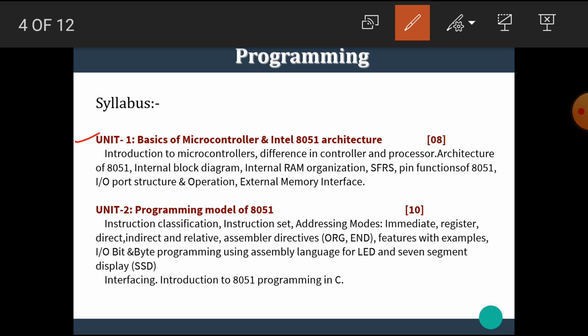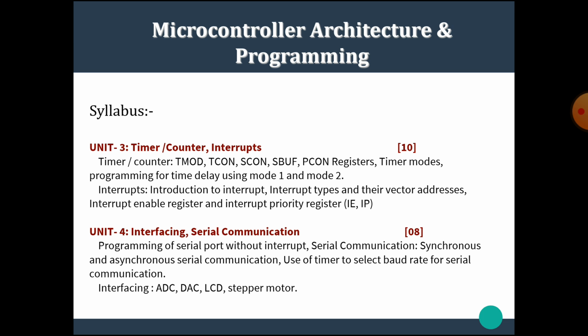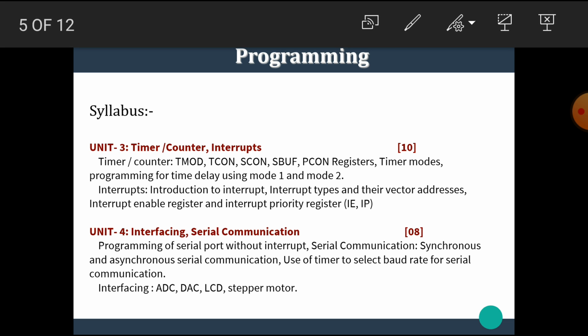The unit first is basics of microcontroller and Intel 8051 architecture. The unit second is programming model of 8051. The unit third is timer, counter, interrupts, and the last unit, unit 4, is interfacing serial communication.